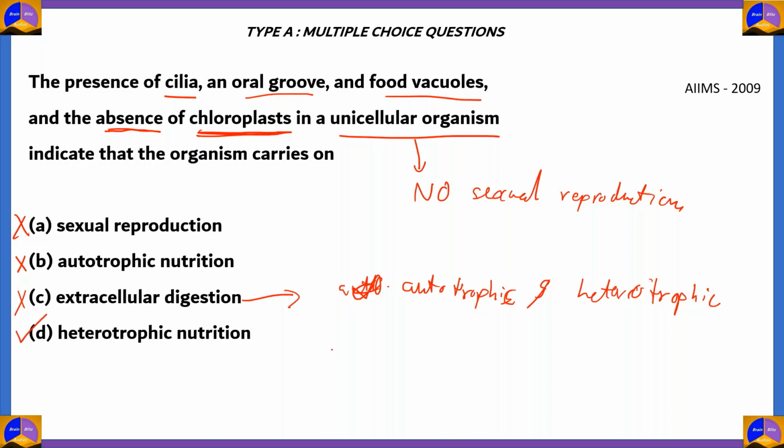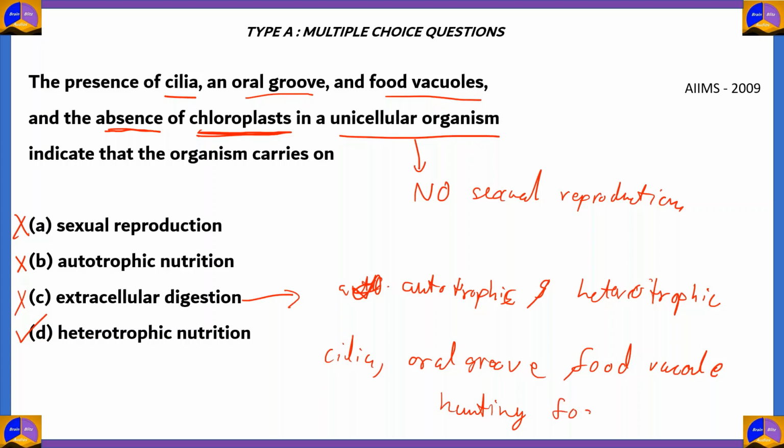The presence of cilia, oral groove, and food vacuoles are indicative of the organism being something that hunts food. It's constantly on the move and exploring for food.